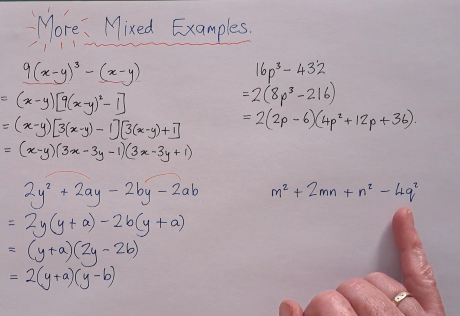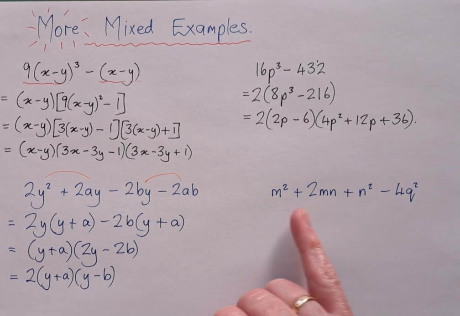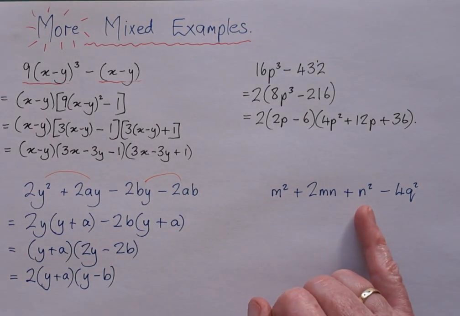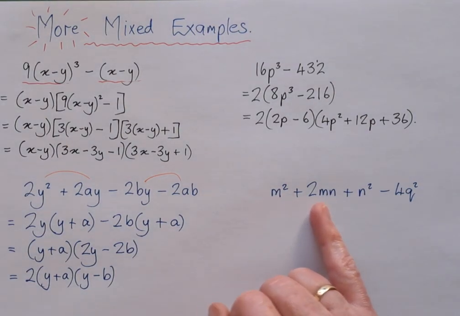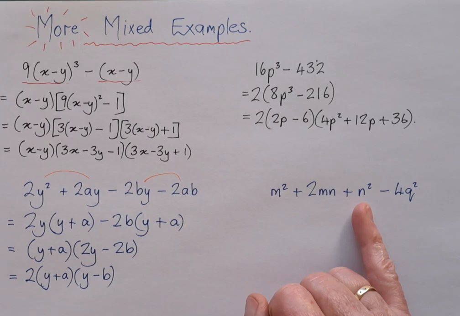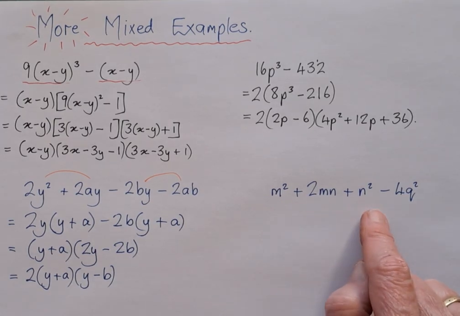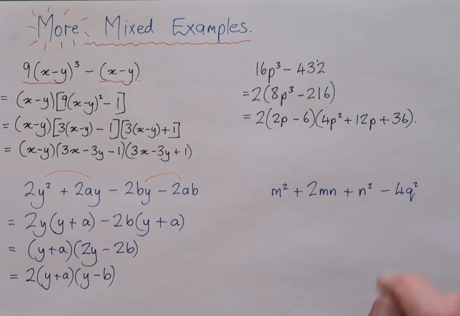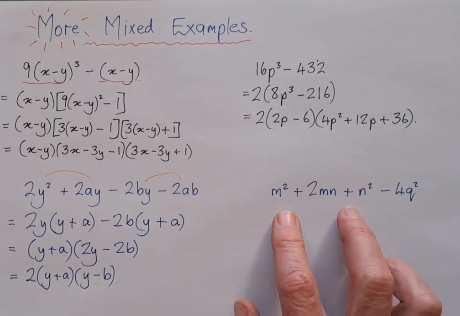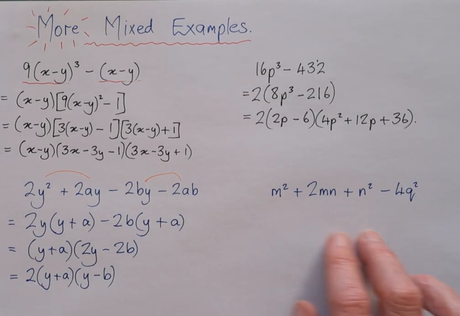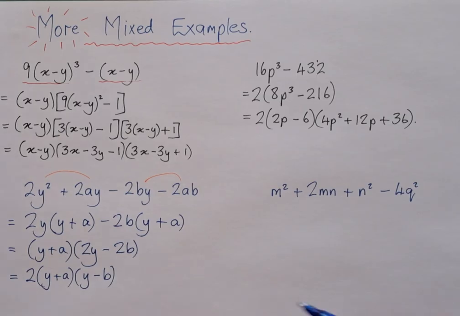So that should be the clue that this one doesn't fit into the 4 properly. So now let me look at the other 3. What are the other 3 terms actually making up? They are actually making up a trinomial in descending powers of m and ascending powers of n. So I can factorize this trinomial, and then maybe later on I'll see what I'm going to do with that.